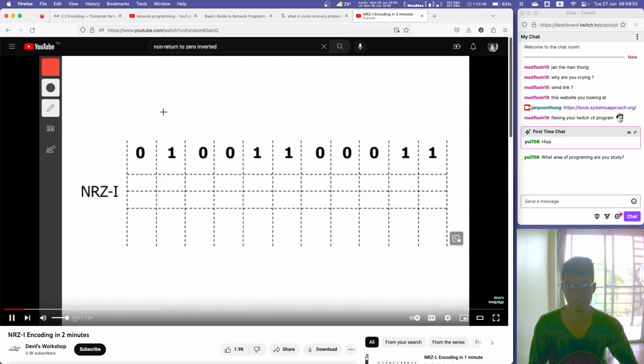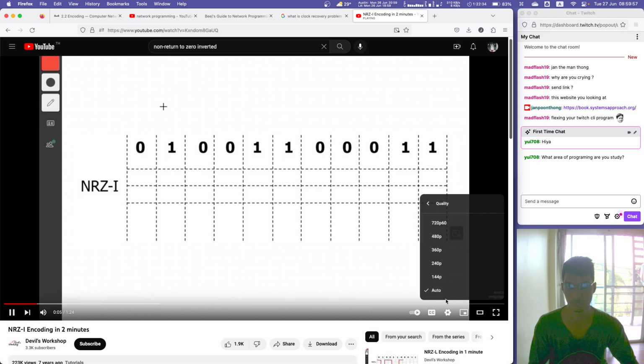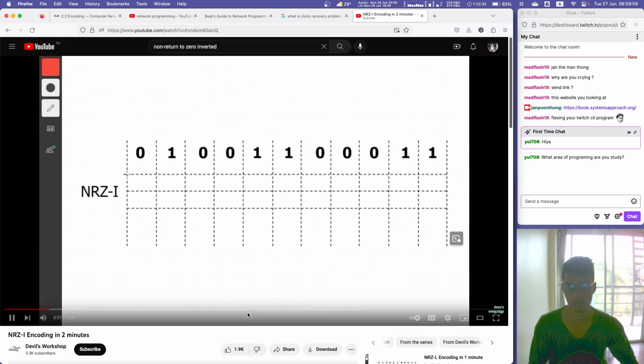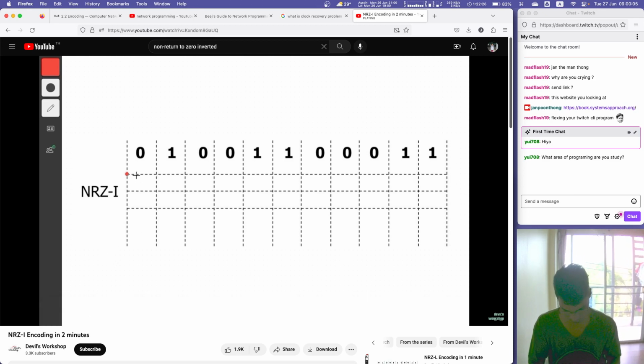In NRZ-I signal encoding, we have to start from this point and the upper point as all other NRZs, and all we have to do is turn to the opposite side if we find a 1, or otherwise we won't have to do anything.